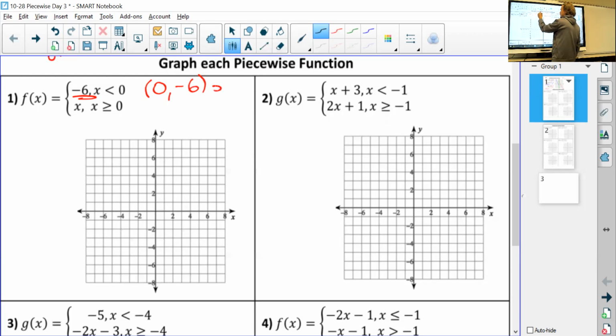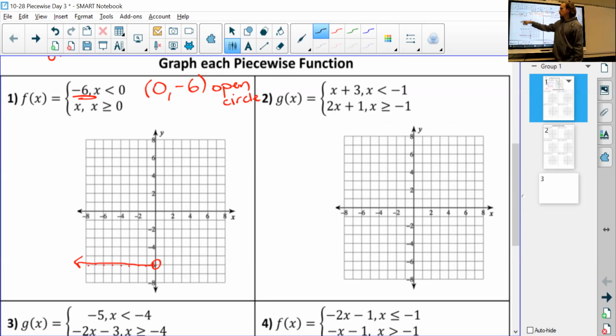And that's going to be an open circle. So I'm going to go 0, -6. And y is always going to equal -6 as I go to the left. So this is just going to be a horizontal line. So for every x value less than 0, y equals -6, that's what that's going to look like.